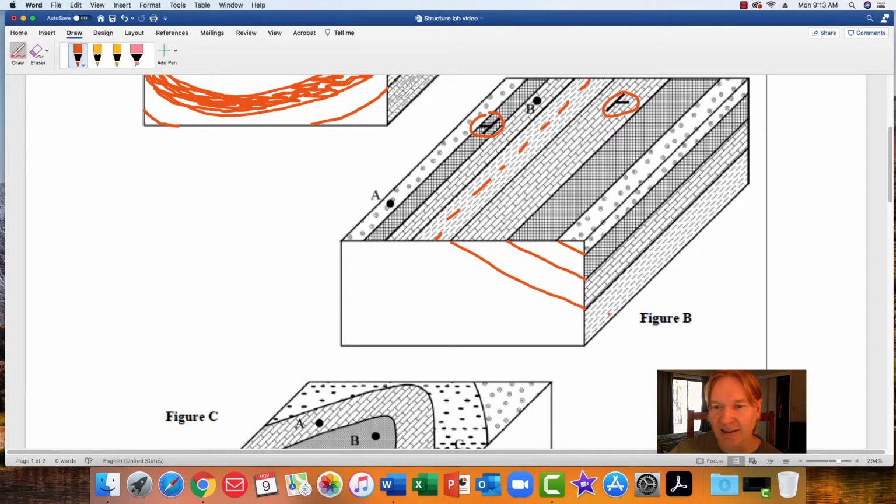So this dashed unit right here is the same, and I don't know where the bottom is. So the right side of the fold here has a wider outcrop pattern, and that means that these are dipping at a lower angle than they are over here. This is the same rock unit here and here.